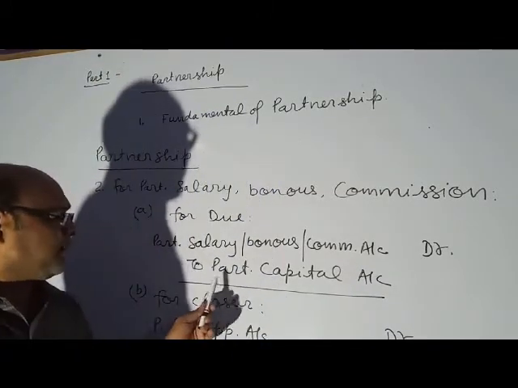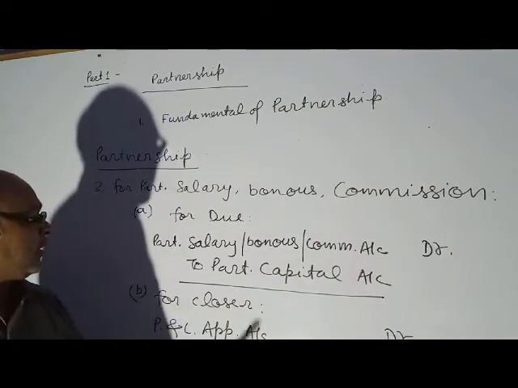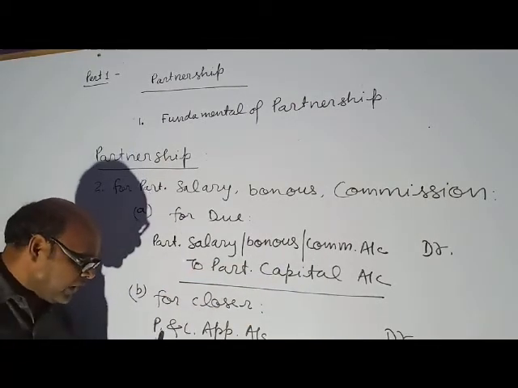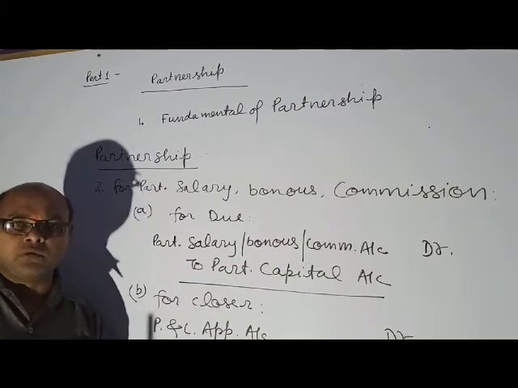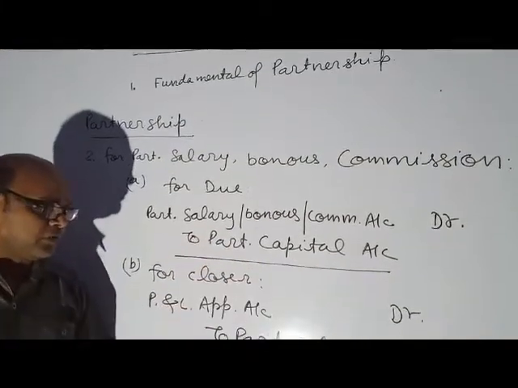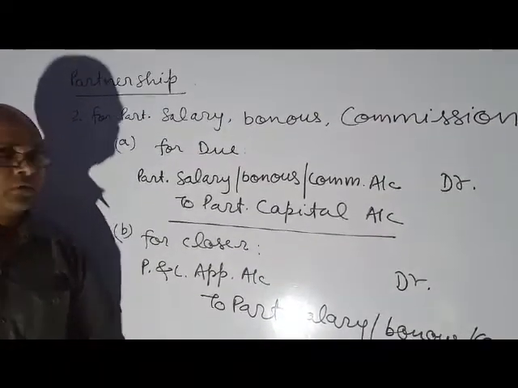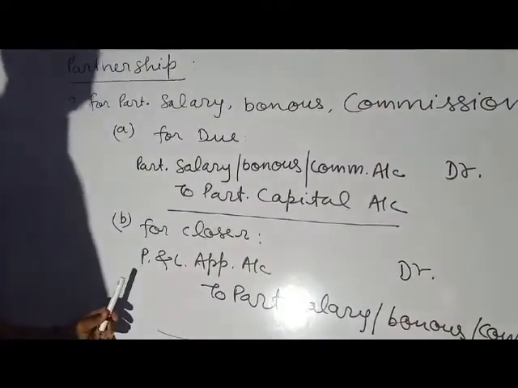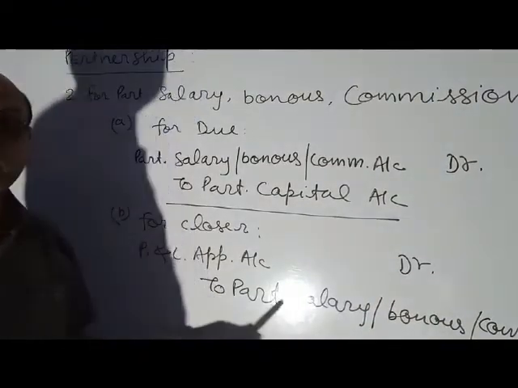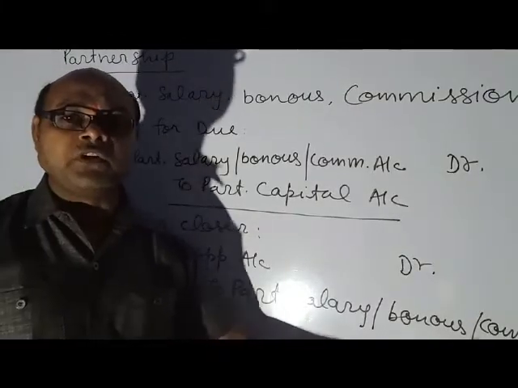So the partner's capital account will be credited. This partner's salary, bonus, commission is transferred to the PL appropriation account, and by transferring, the salary, bonus, commission account is closed. So we pass the entry: PL appropriation account debit to partner's salary, bonus, commission account.